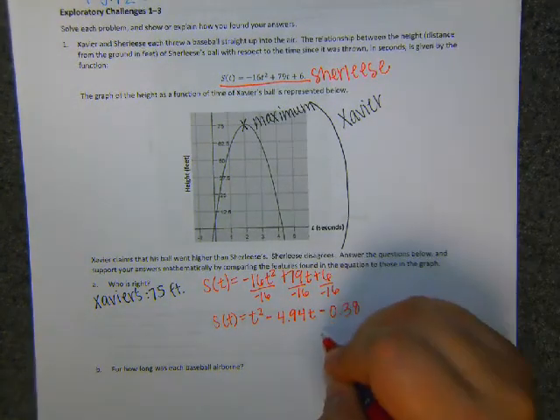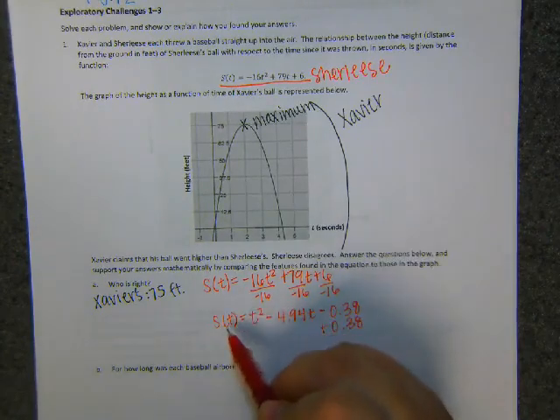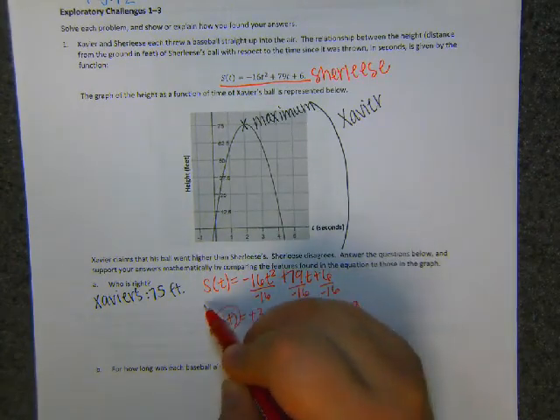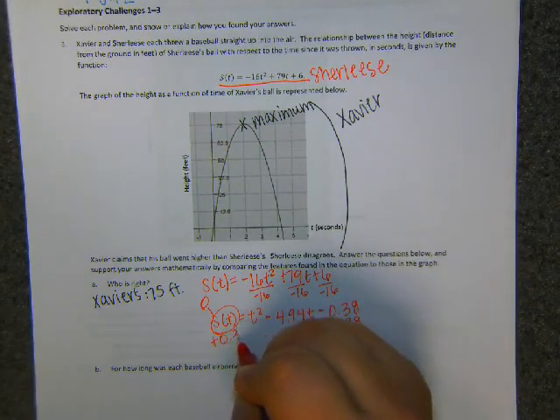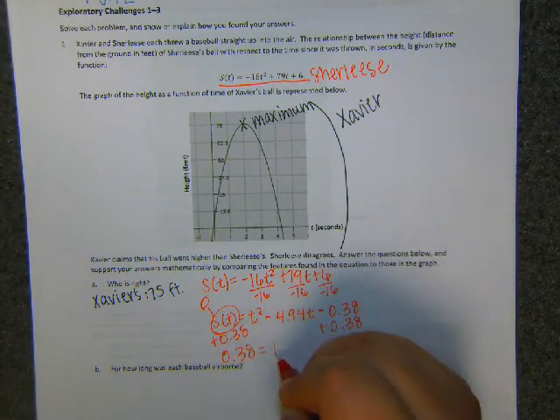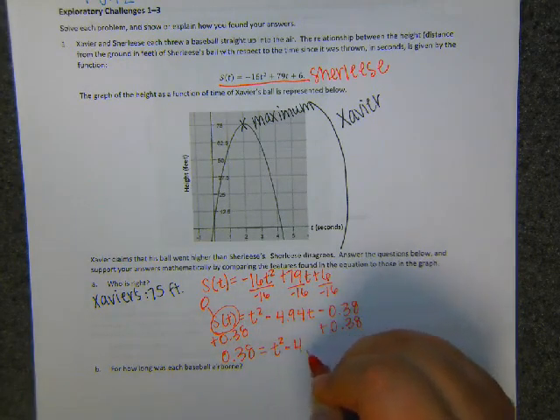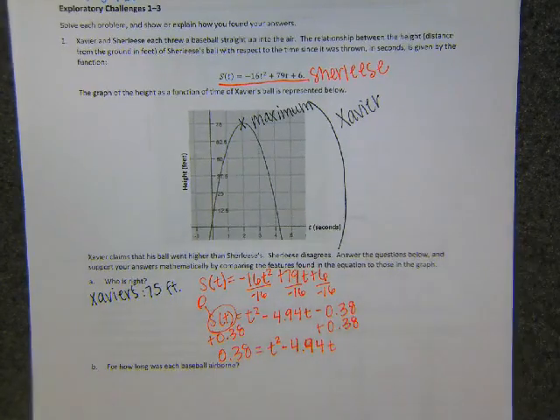Okay, so now we want to move our c to the other side. So we are going to add 0.38. And remember, this s of t we can set equal to 0. So we get 0.38 equals t squared minus 4.94t.